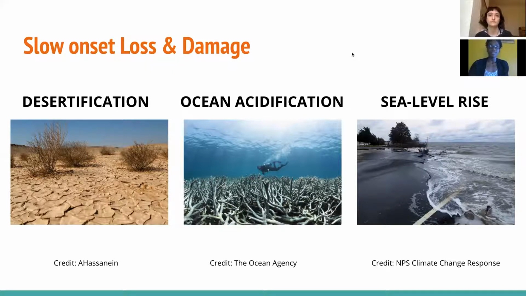And finally, sea level rise, which results from the melting glaciers. And the bleaching of coral reefs is particularly detrimental to island states that depend on coral reefs for protection from events such as sea level rise.